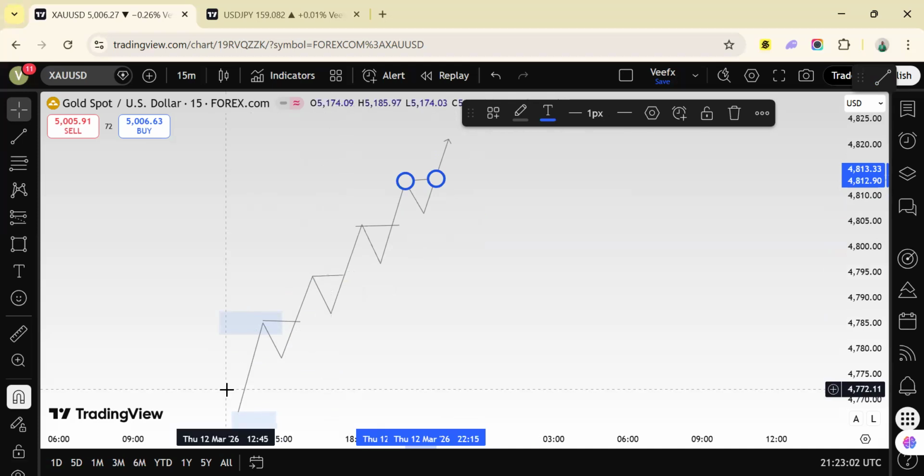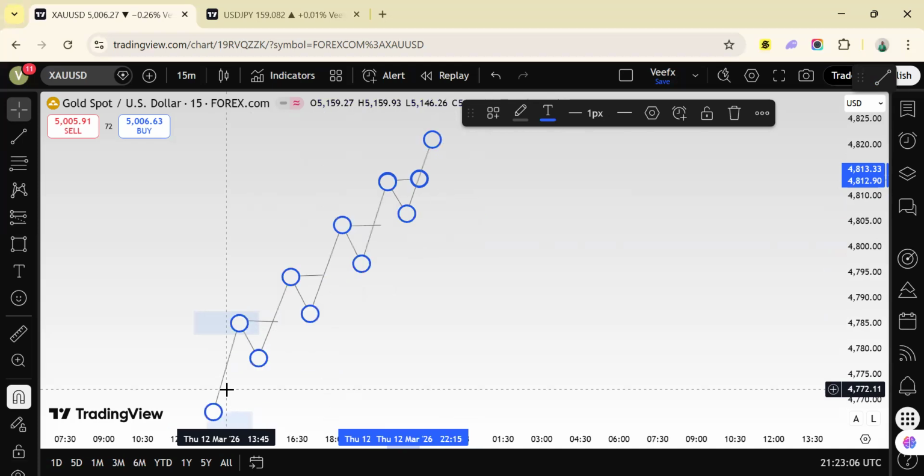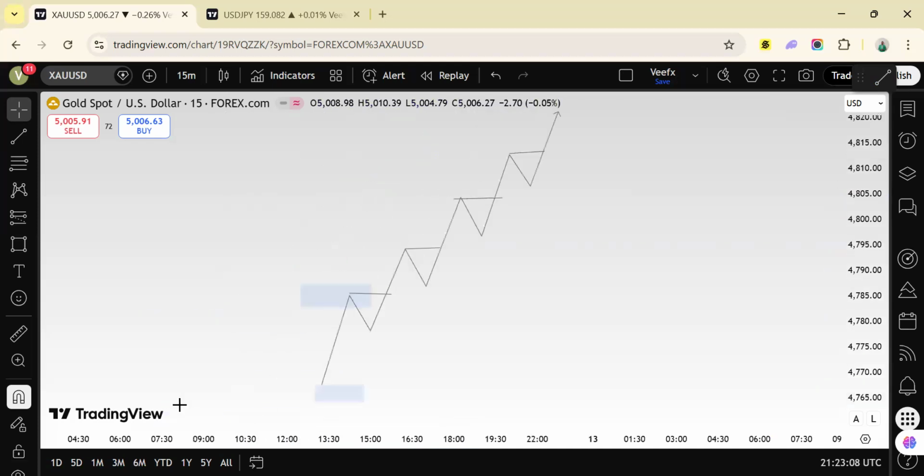Let me also explain something to you. Remember I said that this is your order block right here that's pushing price to the upside, and this is also an order block that is pushing price to the downside. Remember, an order block is an area in the market where there are a lot of institutional orders pushing price to the upside or the downside.